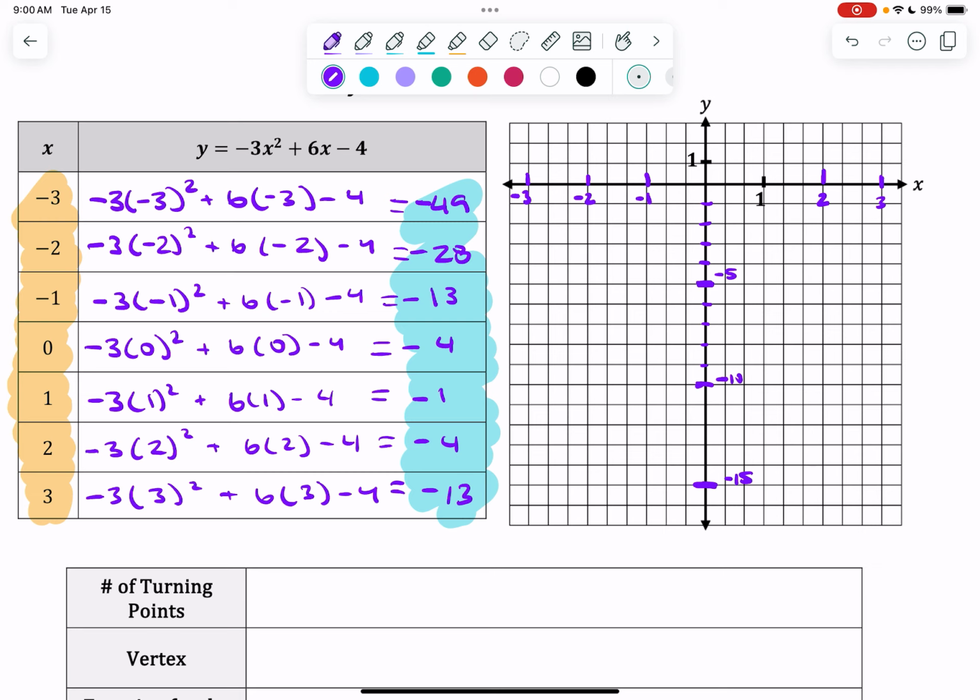That will not fit. -2, -28 will also not fit on my graph. But -1, -13 will. 0, -4 will. 1, -1 will. 2, -4 will. And 3, -13 will.